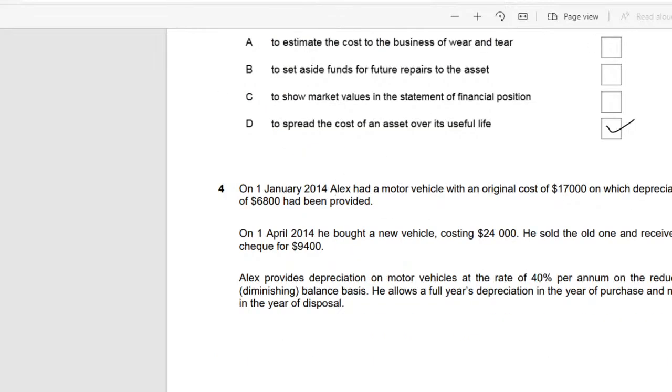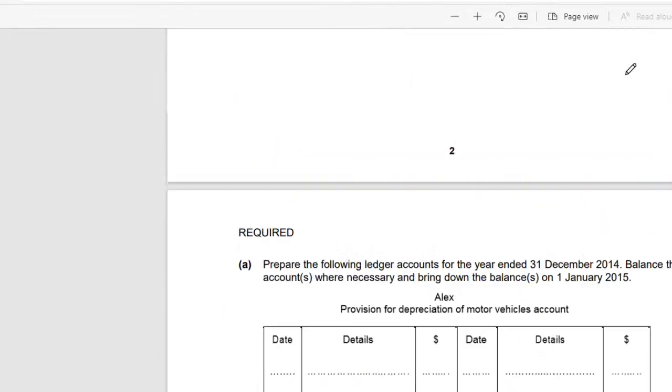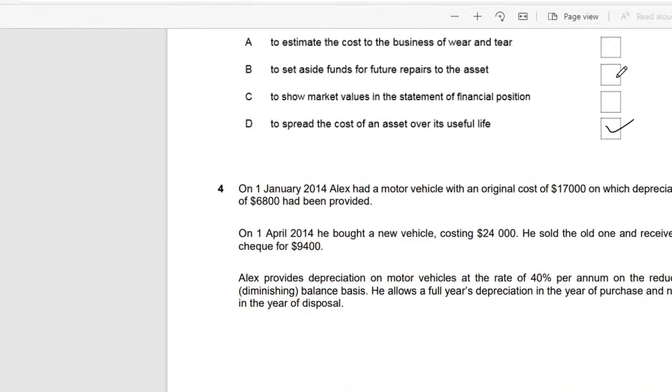Okay, we move on to number four, and number four is now a proper question that we're going to be doing. Again, we're going to be doing some research and figuring out a way to solve this type of question. Always take your pencil and highlight the key amounts and what they want.